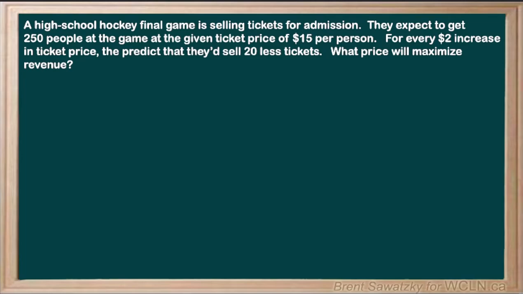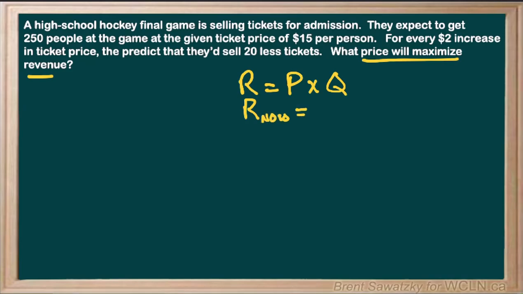The first thing that we consider when we recognize it as a revenue question, and what price will maximize the revenue, is to say we know that revenue is price times the quantity sold. So let's start to analyze that for this particular one. I usually like to start off with what our revenue is at this time.